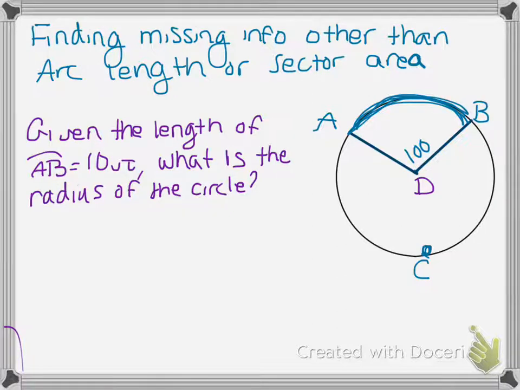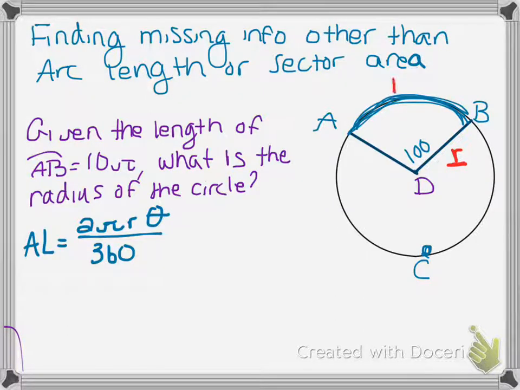Okay, so the formula sheet says that arc length is equal to 2 pi r theta divided by 360. In this case, we're going to be looking for the radius of the circle, so this is our unknown. We know that the arc length is 10 pi.